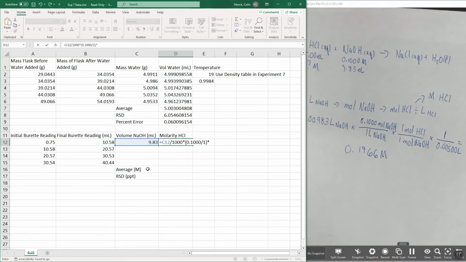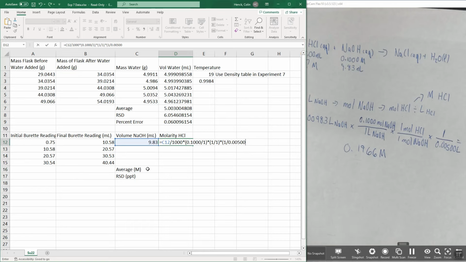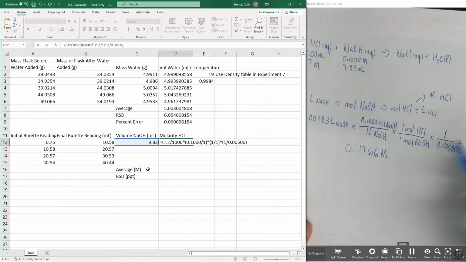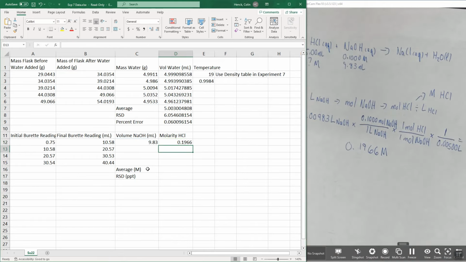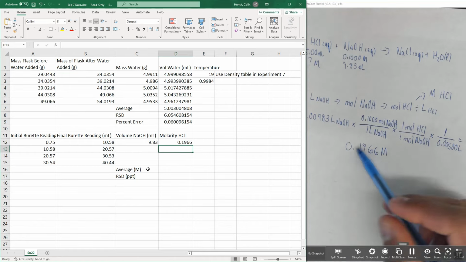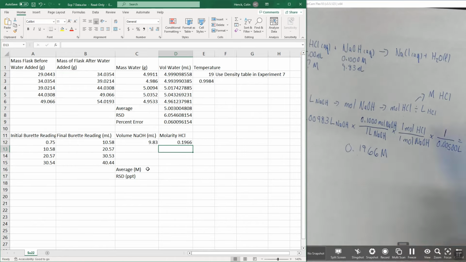So 1 divided by 0.00500. Okay, that's the 5 milliliters. And then close the parentheses. So basically I plugged in each of these things in parentheses and then I hit enter. You notice that you get the exact same answer. So Excel, if you ignore the ones, or you put the ones in, it doesn't really matter.